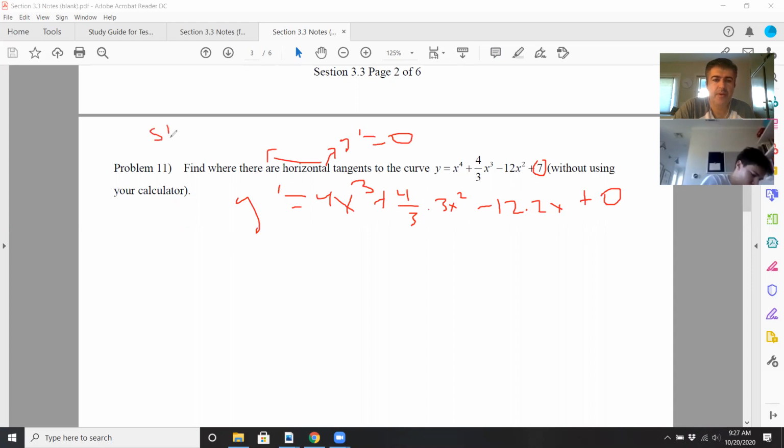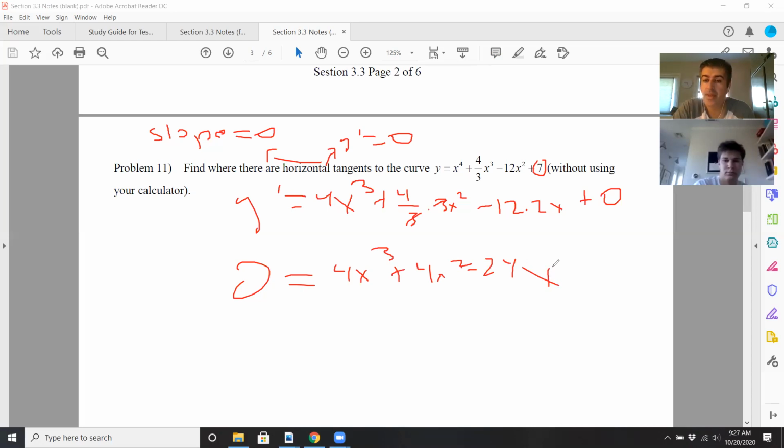So remember, horizontal tangent, the slope is 0. We know this. So 0 equals 4x cubed, clean that up, plus 4x squared minus 24x. Again, we're using the shortcut rules now. If you did the limit definition of this, you would go crazy.